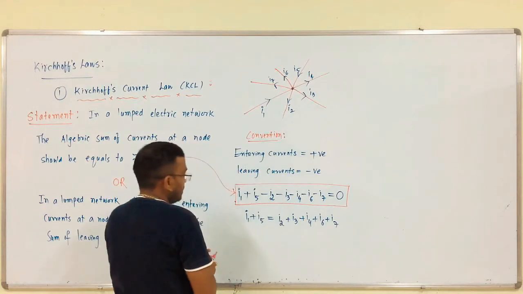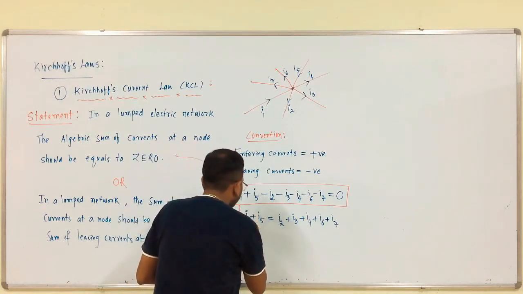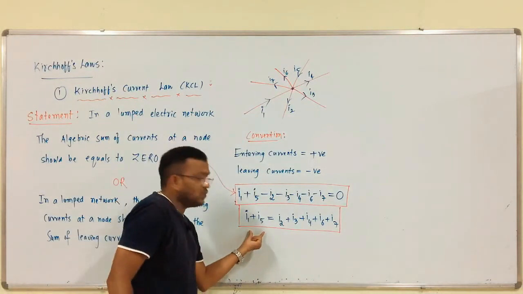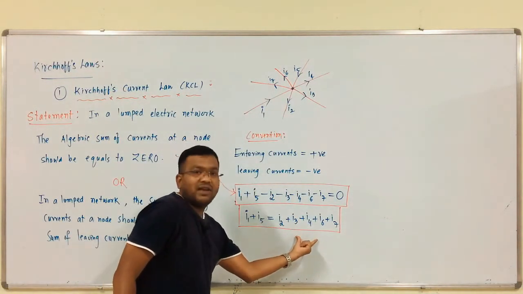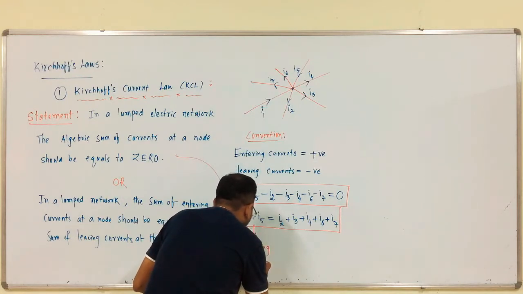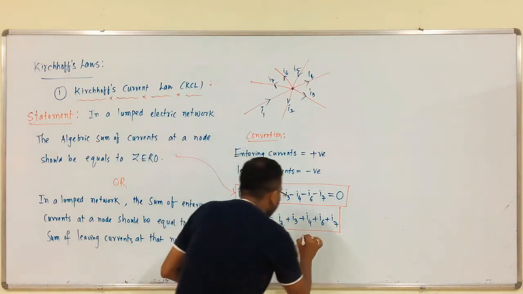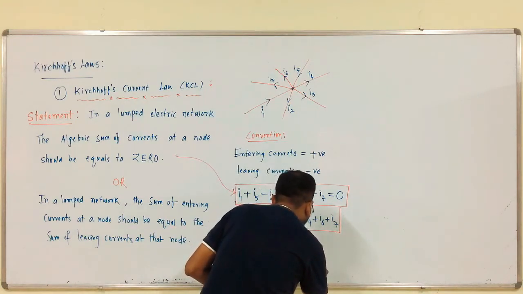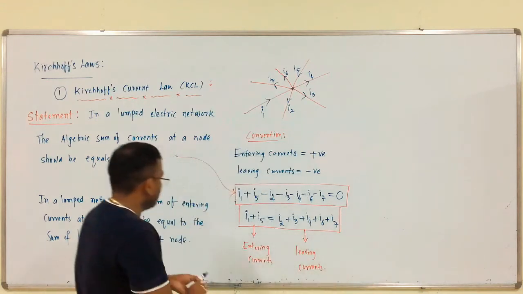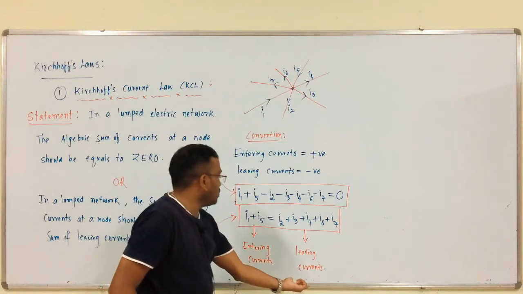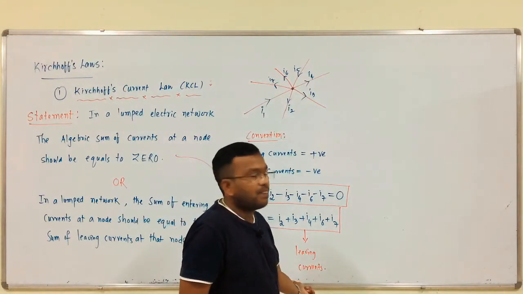So, the sum of entering currents should be equal to the sum of leaving currents. These are nothing but entering currents, and these are nothing but leaving currents. So, this is the statement: at a node, the sum of entering currents should be equal to the sum of leaving currents.